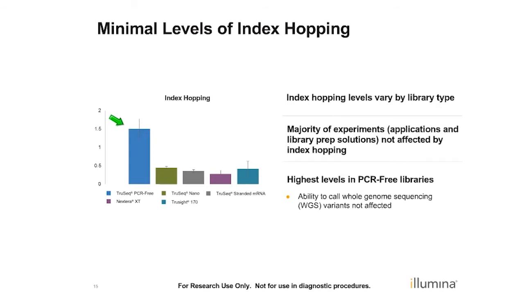As I've referred to already, PCR-free tends to have the highest level and seems to be most sensitive to levels of adapter contamination and cleanup problems compared to our PCR preps, which generally have very little free adapter in them at the end of the process. PCR-plus preps tend to have much lower levels, in the range of 0.2 to 0.5 total, compared to PCR-free.